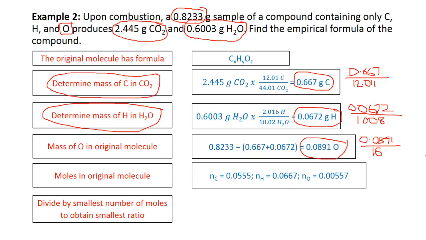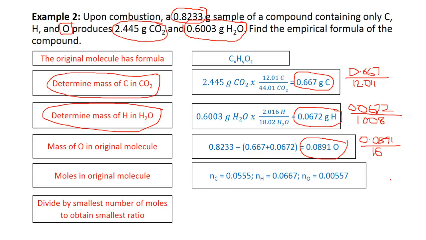So this is how the number of moles will look. We are going to have 0.0555 of carbon, 0.0667 of hydrogen, and 0.00557 of oxygen.